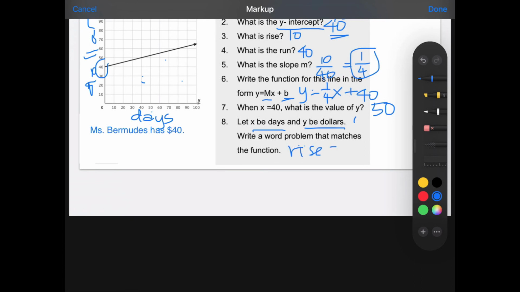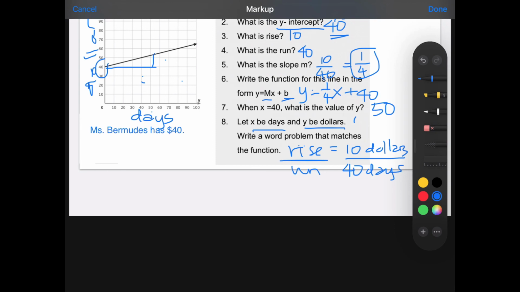We're going to remind ourselves that our slope is equal to rise over run, and that's how we got our rate of change. So if our slope was 10, that's $10. That's the unit that we're talking about. And our run, which goes side to side, is in units of days. Our run is 40 days.